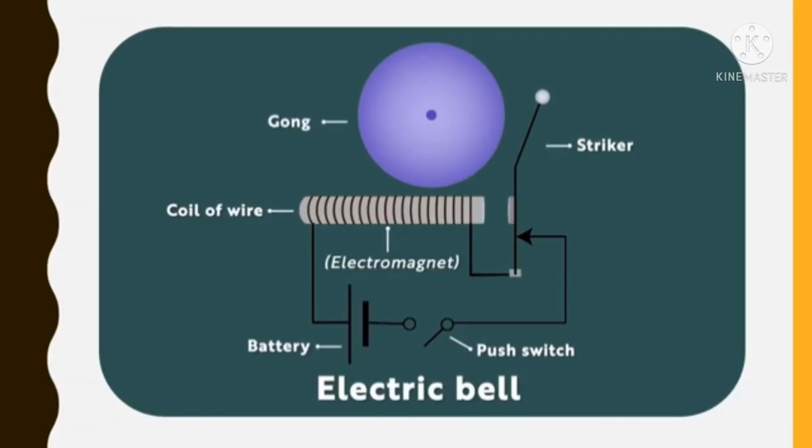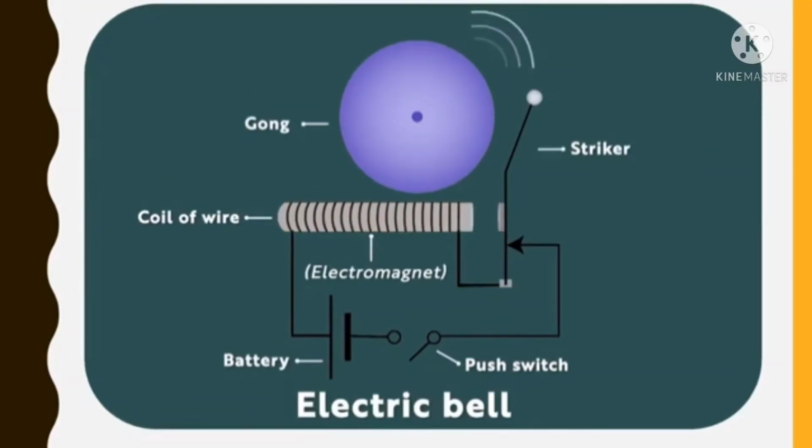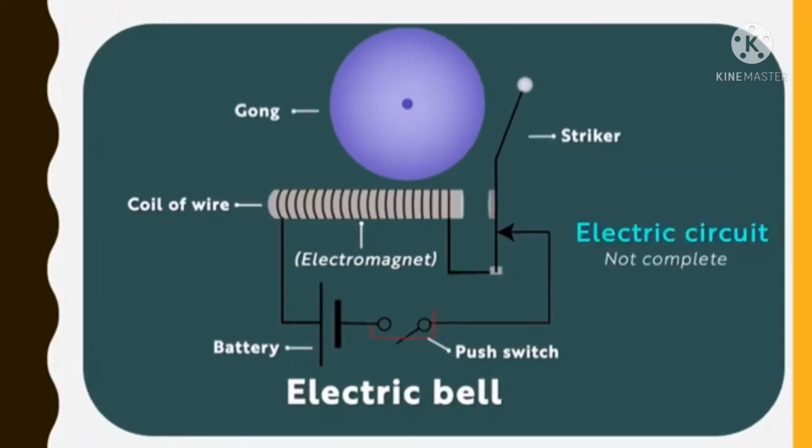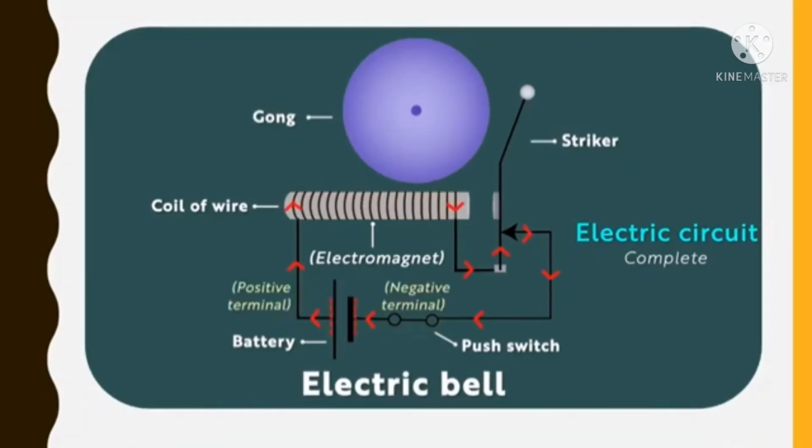There is a battery, a coil of wire, because the wire is wound into a coil, a striker and a gap. The gong and the striker play a very important role. That's why you have to write neatly each and every part showing the structure of the electric bell.